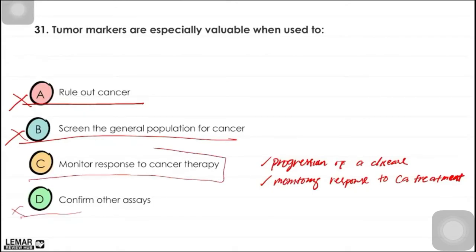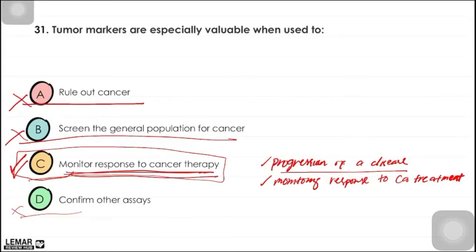We use tumor markers in evaluating the progression of the disease or monitoring the response to cancer therapy. So the answer for number 31 is letter C. Monitor the response to cancer therapy.